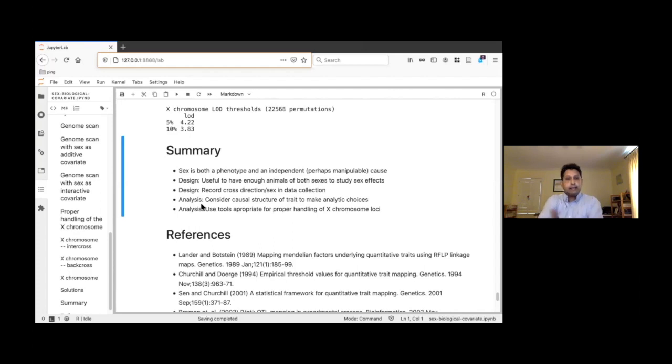The analytic consideration is that the causal structure of the trait will influence what type of analytic structure you implement in order to do the genome scan. And because of the structure of the X chromosome, in order to analyze X-linked loci, you need to use proper tools to handle the X chromosome correctly.